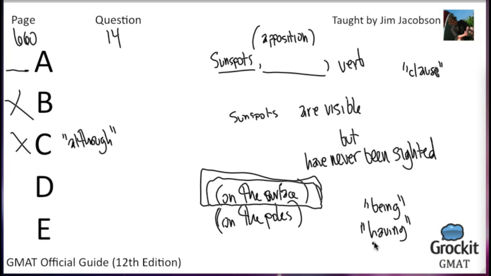But having, in this case, is just extra words for the same idea. Even though choice C is wrong, it says the exact same thing that D does with fewer words. Although never cited and although never having been cited are the same thing. They both indicate that no citing has taken place in the past, but never having been cited does it with 4 words, where although never cited does it with 2.